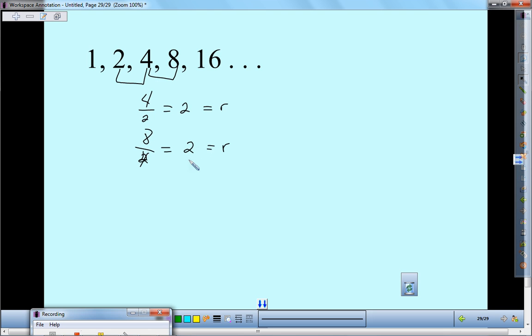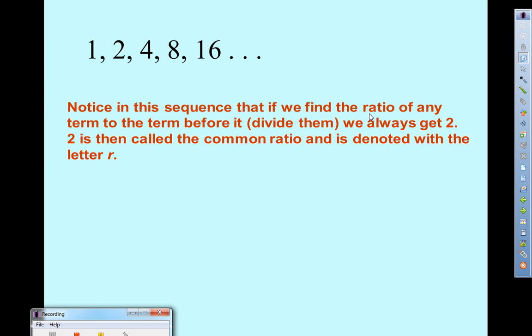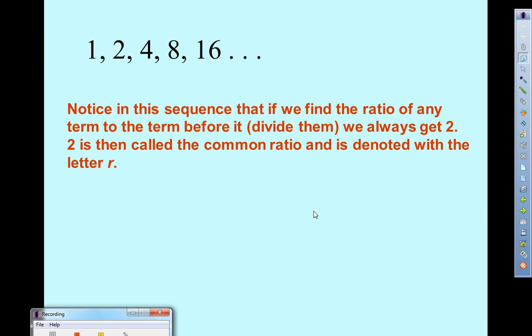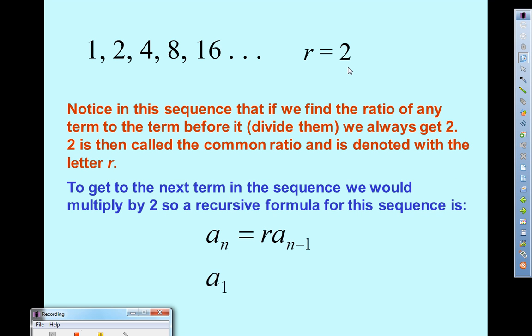So our common ratio is 2. And again, we can take 16 and 8 and divide, and we still get 2. The important thing to remember is that they have to be two terms that are in sequence together. We couldn't take 4 and 16 and come up with a common ratio of 2. But that's how we find the common ratio. So for this one, the common ratio is 2.